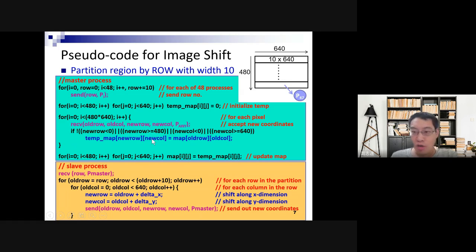So we only ensure that each slave process processes the same number of rows. But in your homework two, you will find out this is not the case for the image you are going to generate or process. So in that case, you need to design and implement a dynamic scheduling strategy to ensure the computation time is balanced across all the slaves.